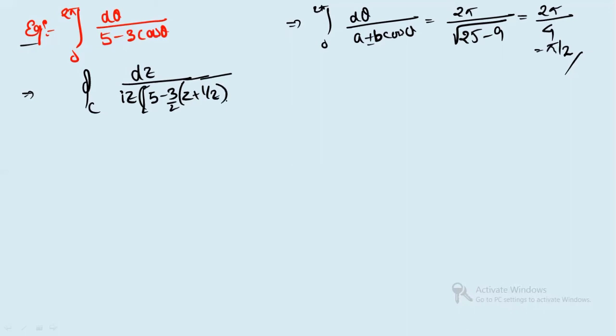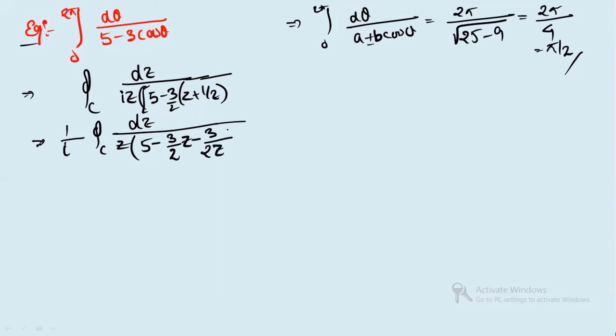Now I am taking the 1 by i out. In the numerator dz, in the denominator I keep z, and here I write 5 minus 3 by 2 z minus 3 by 2z.